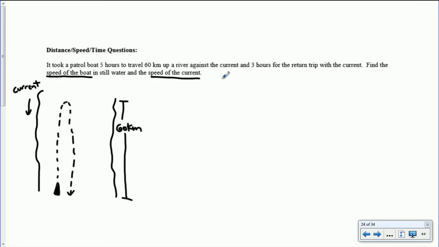We'll let the speed of the boat be b, and we'll let c be the speed of the current.